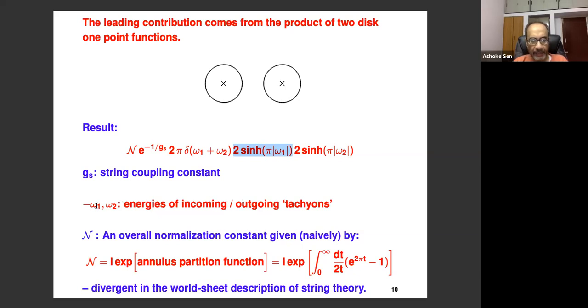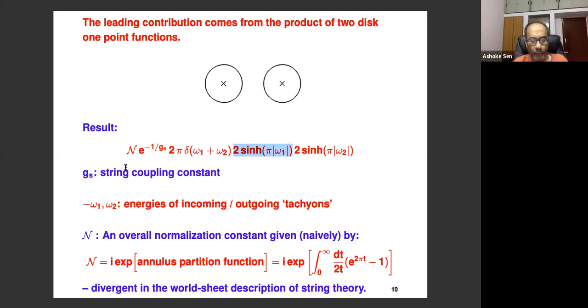So incoming energy I'll label by minus omega 1, outgoing energy I'll label by omega 2. These come from the one-point function of these tachyons, and in fact, these factors can be traced to the Liouville part of the correlation function. The X part is more or less trivial.